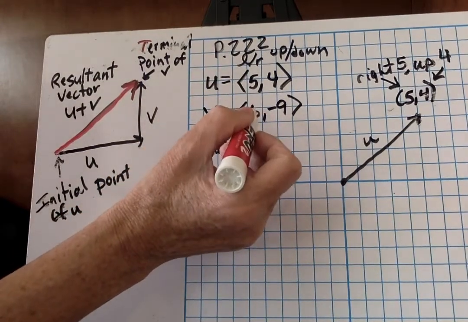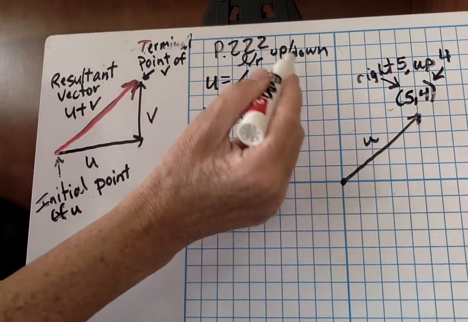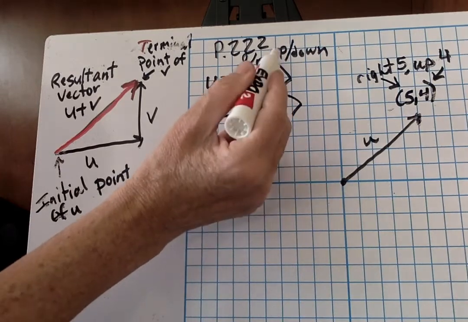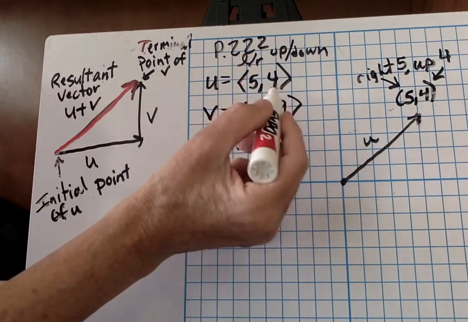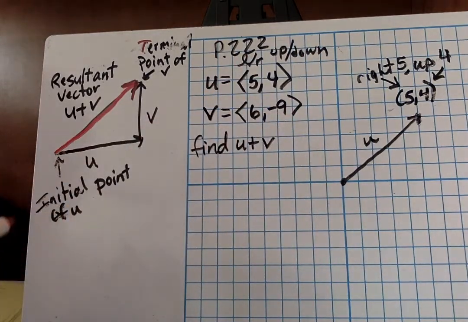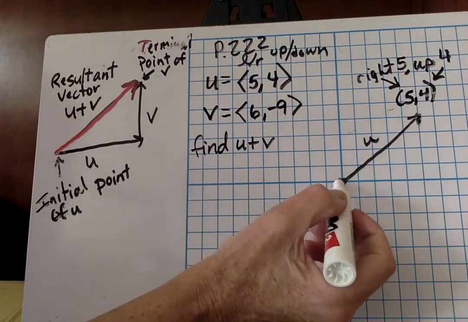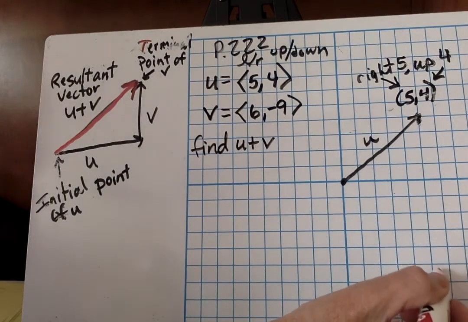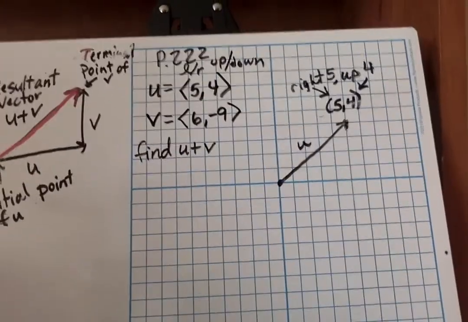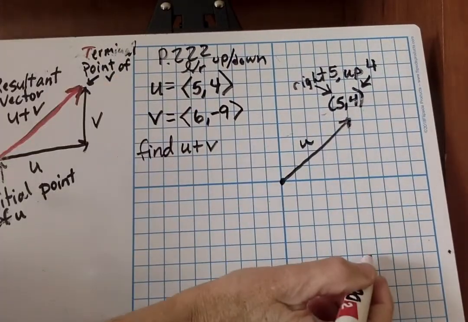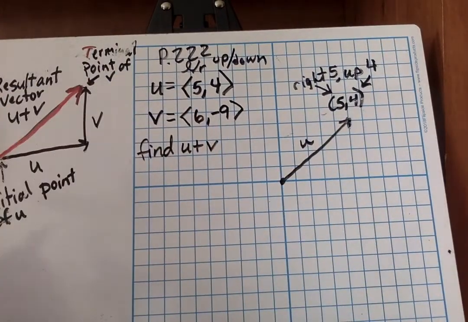Positive means right, left will be negative. The second number is our y value and it says up or down. So 4 is 4 up and 9 is 9 down. So V would be down over here somewhere. However, we want to start V where U ends.